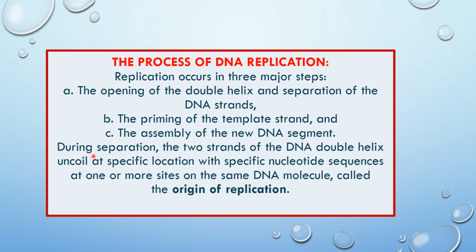During separation, the two strands of the DNA double helix uncoil at a specific location with specific nucleotide sequences, at one or more sites on the same DNA molecule, called the origin of replication.